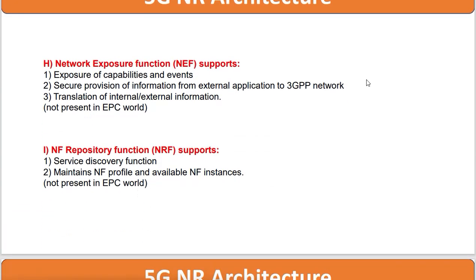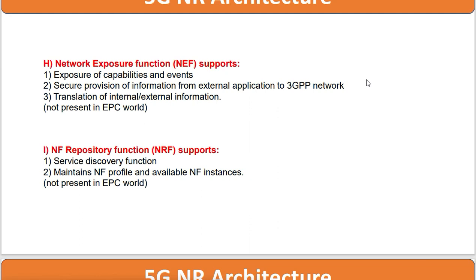Next component is the network exposure function, NEF. It supports exposure of capabilities and events, secure provision of information from external applications to the 3GPP network, and translation of internal and external information. And this function is not present in the 4G EPC.